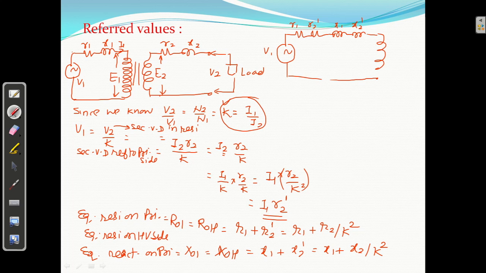That was the primary side. Voltage is E1. Clear? Secondary side में कुछ बचेगा ही नहीं.